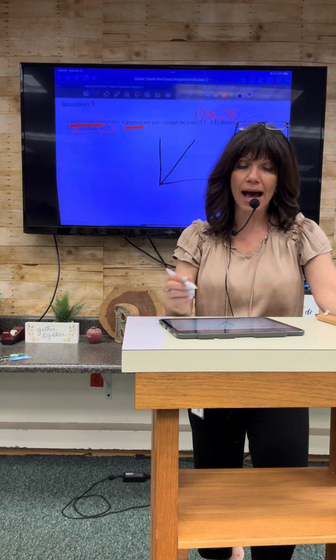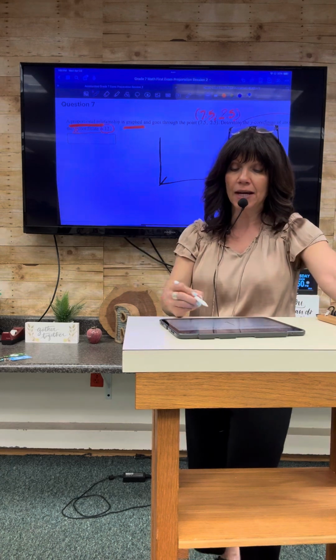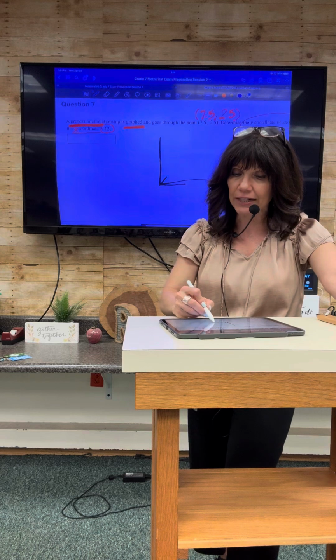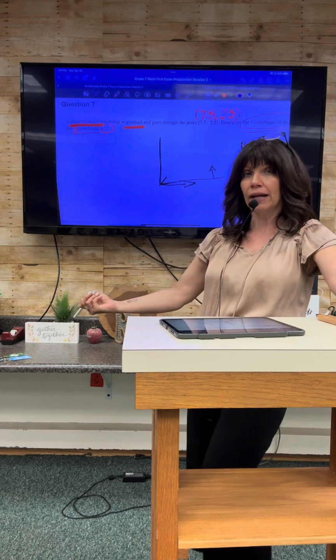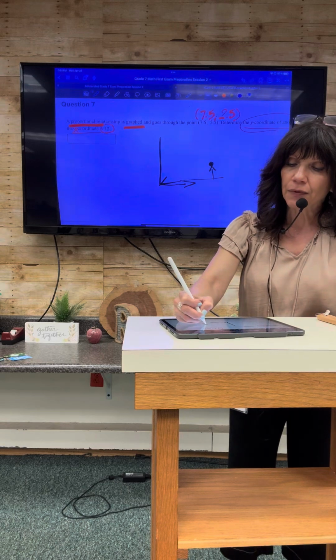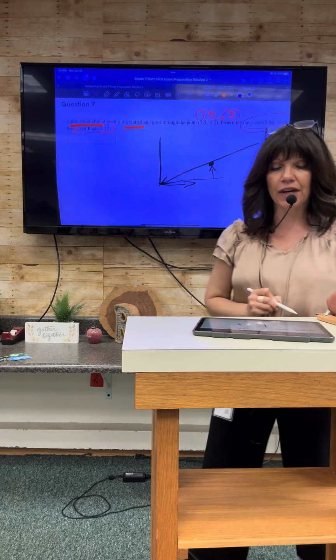Now that we know that, if we were to locate a point at 7.5, 2.5, that would mean 7.5 spaces this way, 2.5 spaces this way. Let's pretend for a moment that it was right here. Then my line would look something like this.